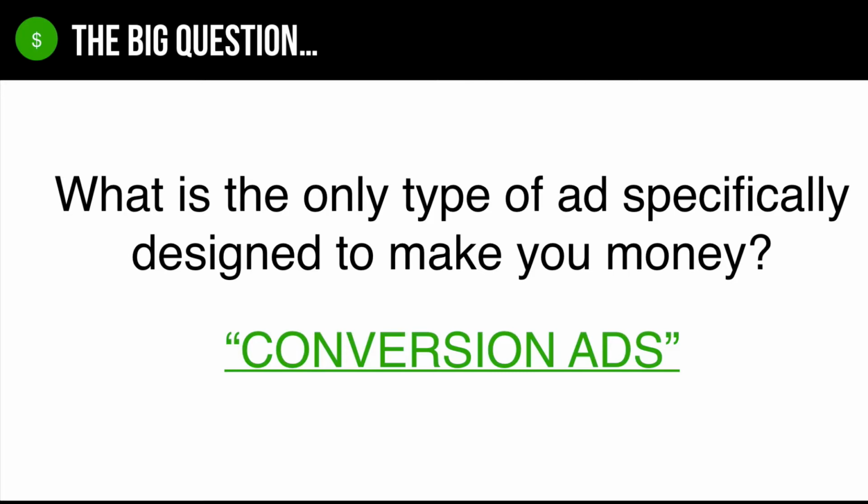You have to know the right and wrong way to use conversion ads and how to not screw these up. Because most people get these wrong, their campaigns don't work, and they start losing money simply because they don't know how to set up, deploy, and run conversion ads properly. But not you. We're not going to let that happen to you. All that stops here, because in this video, I'm going to show you the right way to set up conversion ads for either Facebook, Instagram, or both, and how to run them effectively to get you paid.